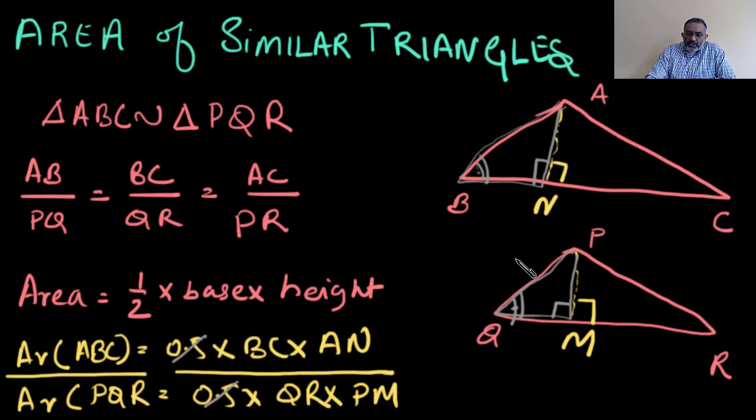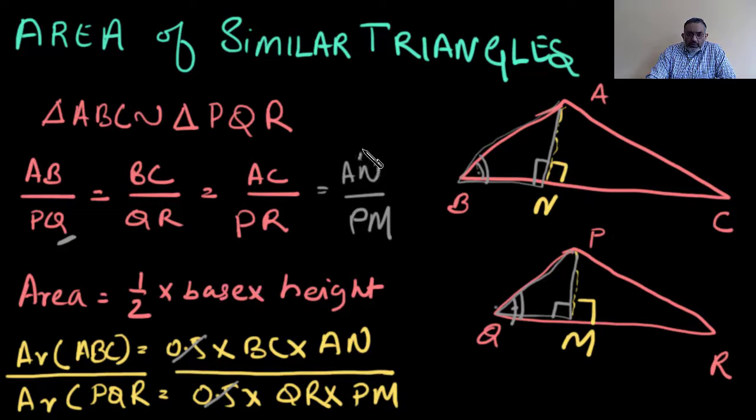So the ratio of their corresponding sides is equal. One of the sides is AB and PQ. That's equal. That you have right here. But another one is this AN and PM.